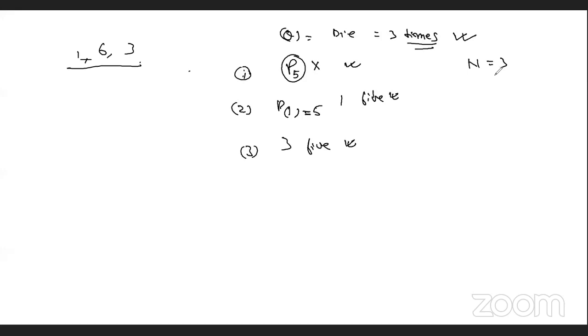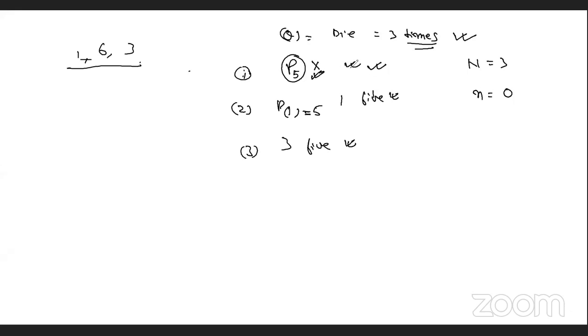Now the number of successes. If I talk about small n, in the first case we are expecting the number of successes to be equal to 0. That means the total number of times where I'm expecting 5 is equal to 0. I have to find the probability that there won't be any 5.